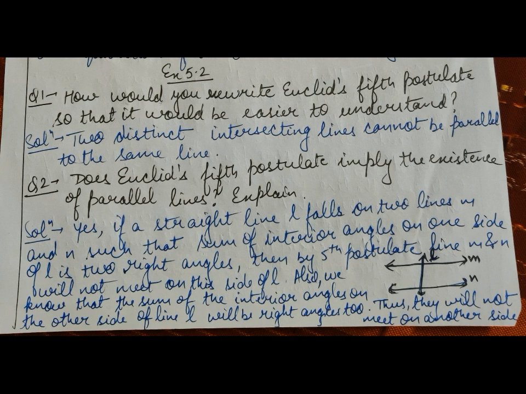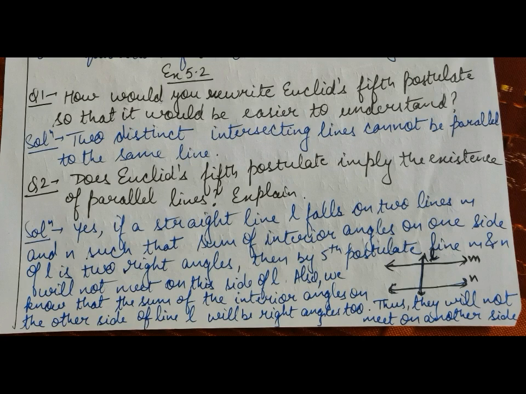We can rewrite it as: two distinct intersecting lines cannot be parallel to the same line. Come to question number 2, that is, does Euclid's fifth postulate imply the existence of parallel lines? Explain.